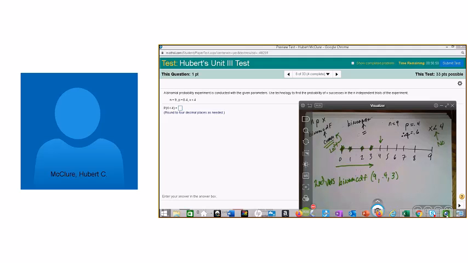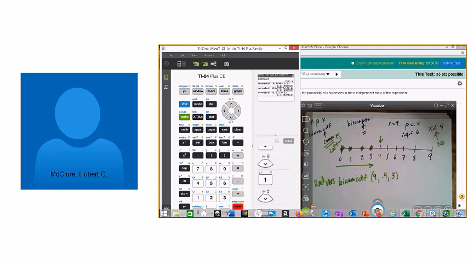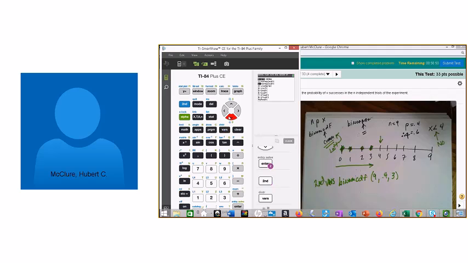So pull up our handy-dandy calculator. Second, vars, binomial CDF, which means cumulative. And make sure you don't skip it. There it is. Trials, 9. P, 0.4.